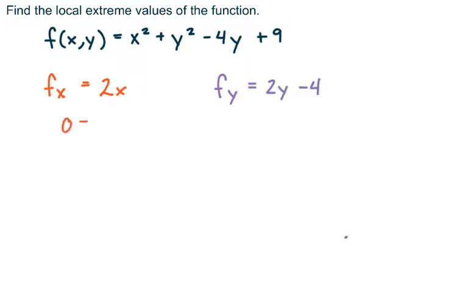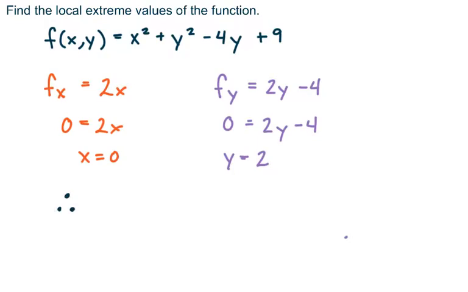If I set this equal to 0, I get x equals 0. Setting this guy equal to 0, 0 equals 2y minus 4. I get y equals positive 4 over 2, 2. So in this situation, we have an XY value.